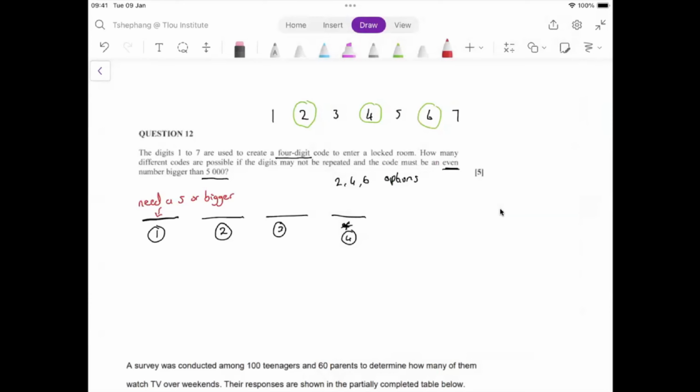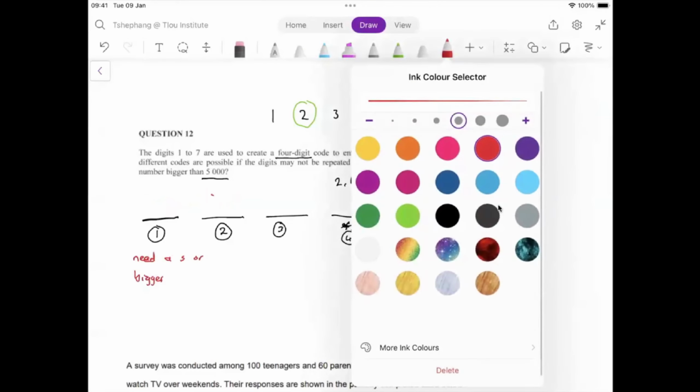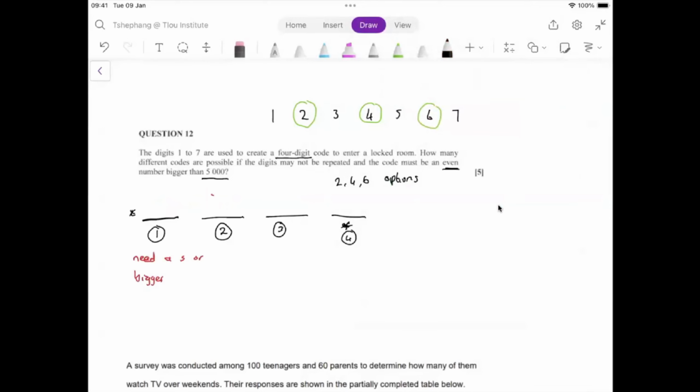Now, how many numbers can I put here? In position number 1, we can put 3 numbers. Why 3 numbers? We can either put a 5, a 6, or a 7.